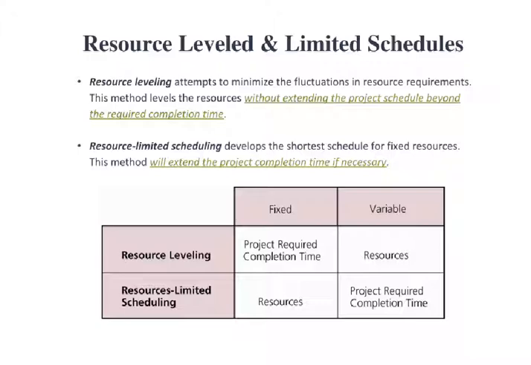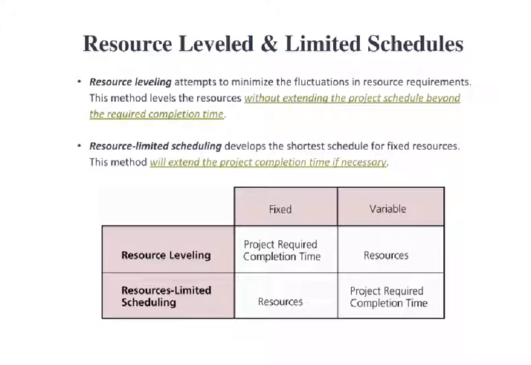And so if we need to take that step, how do we approach it? There are two big ways. These will be discussed in your text of Chapter 6. I'm going to overview them here. The first is called resource-leveled scheduling. The second is called resource-limited scheduling. So we have resource-leveled and resource-limited schedules.